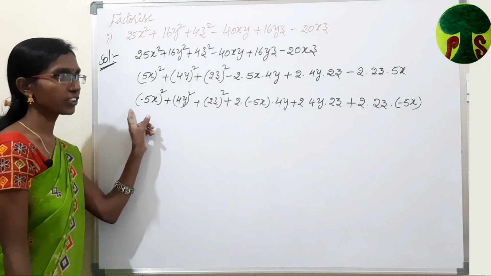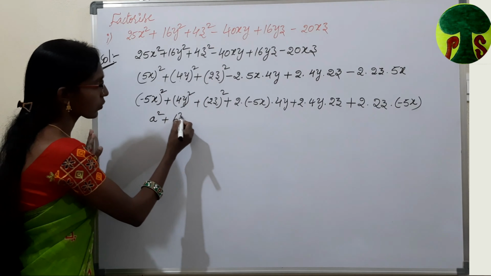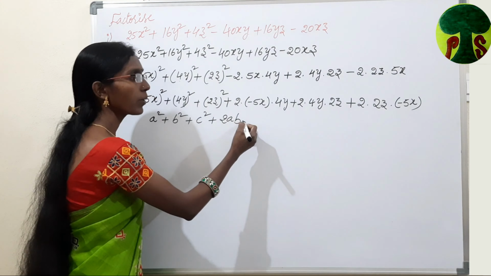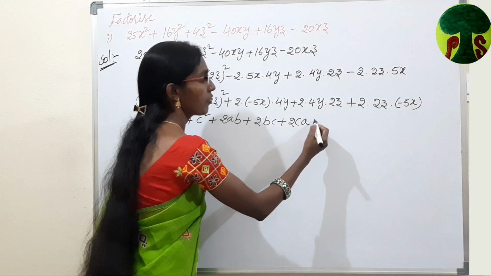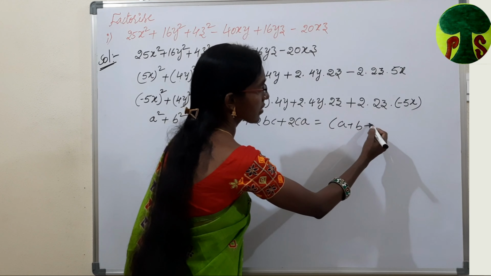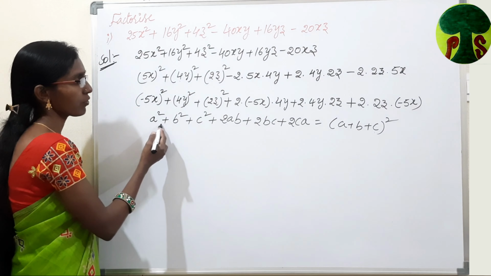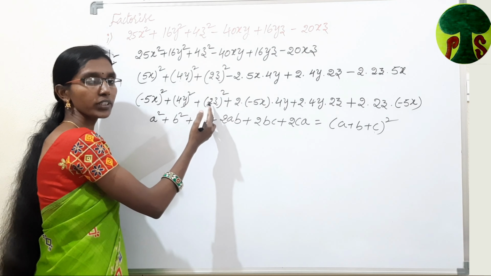Now this expression is in the form of a square plus b square plus c square plus 2ab plus 2bc plus 2ca, which equals a plus b plus c whole square. In the place of a we have minus 5x, in the place of b there is 4y, in the place of c 2z is there.